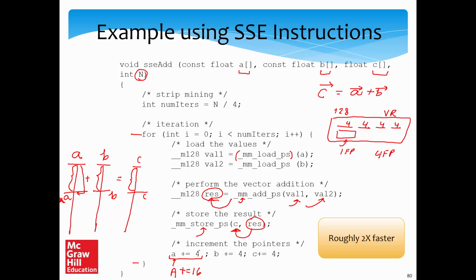That C essentially multiplies 4 with the size of the data type contained within A. C means the C language, not the C array. Similarly, for pointers B and C, we essentially add 16, 4 times 4, because 4 bytes is the size of a floating point number. So we add 16 to the pointers B and C such that they again come here.